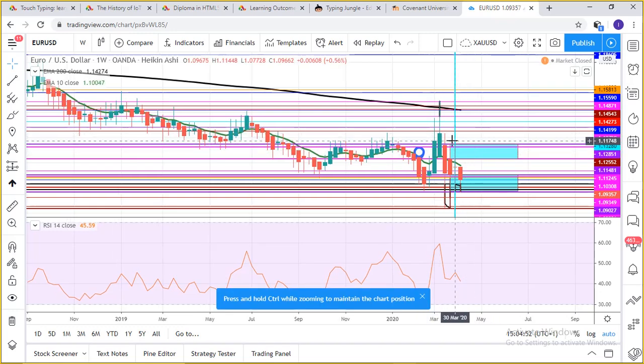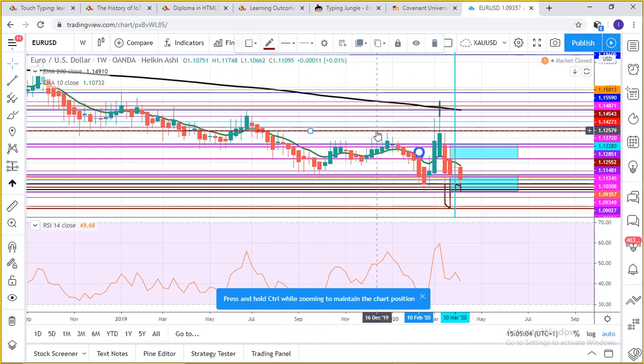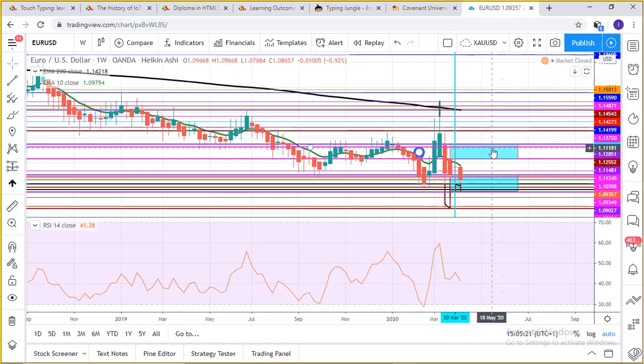Now, where it will be interesting for me is to see if the price can make it back up to this point before continuing in the normal bearish trend. And that price level is 1.12552. It will be interesting to see what is going to happen.